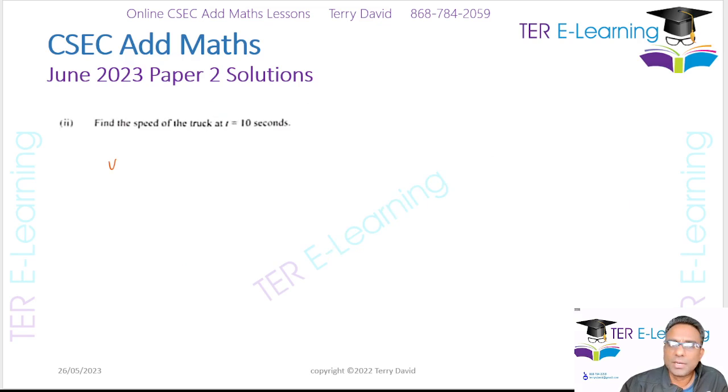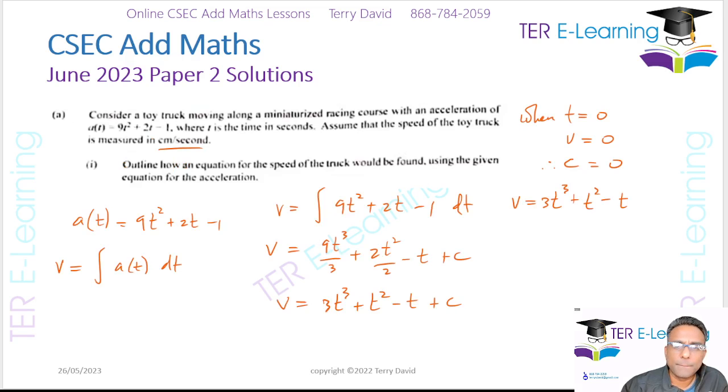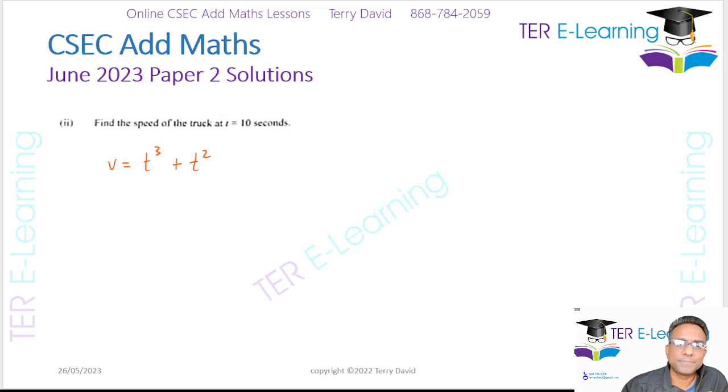Easy stuff. So v, we know it's 3t cubed plus t squared minus t. That's your formula for velocity. So when t is equal to 10, v is equal to 3 by 10 cubed plus 10 squared minus 10.